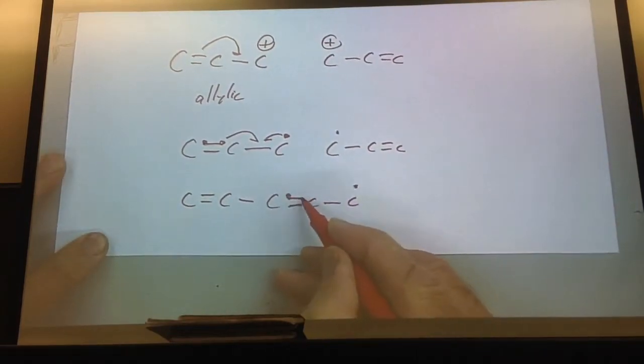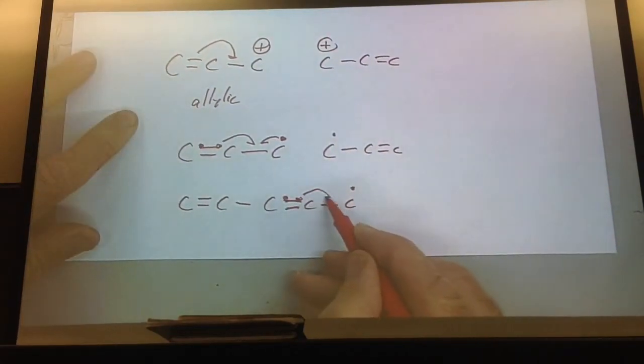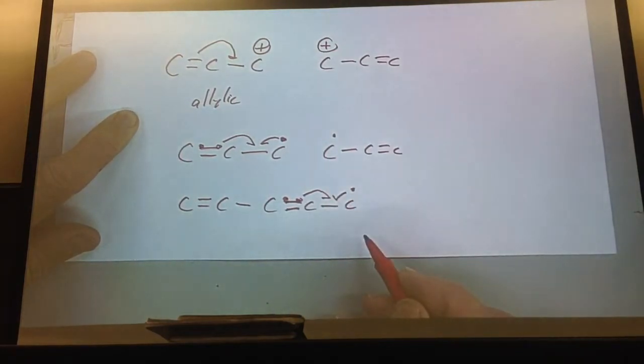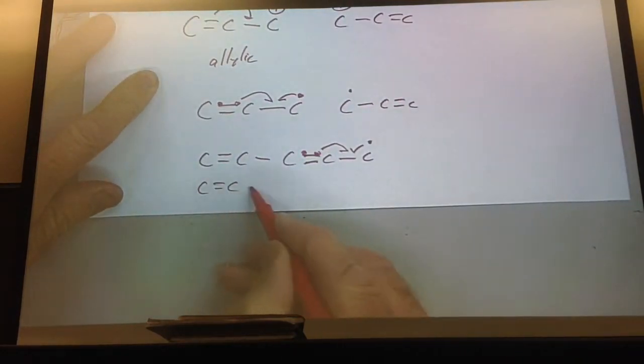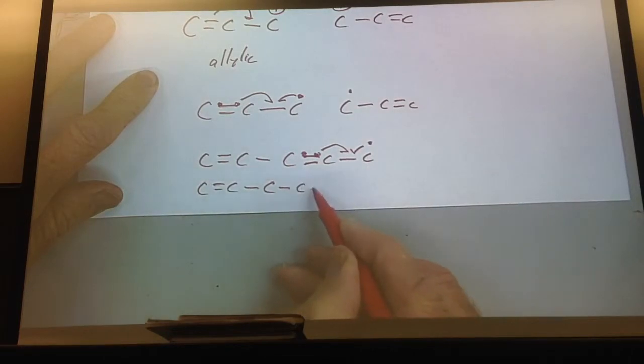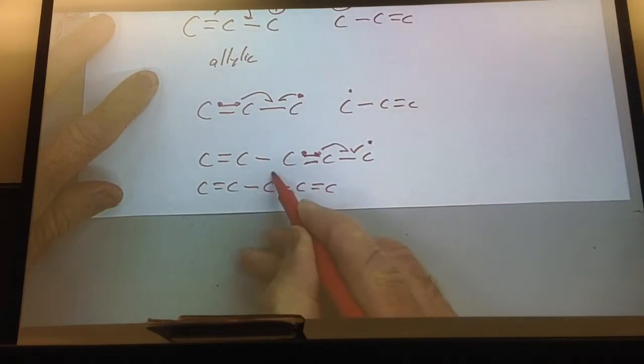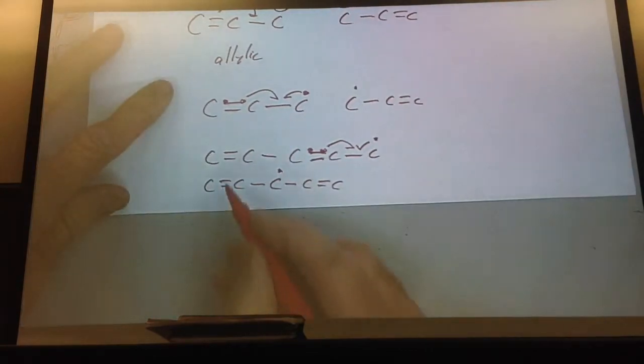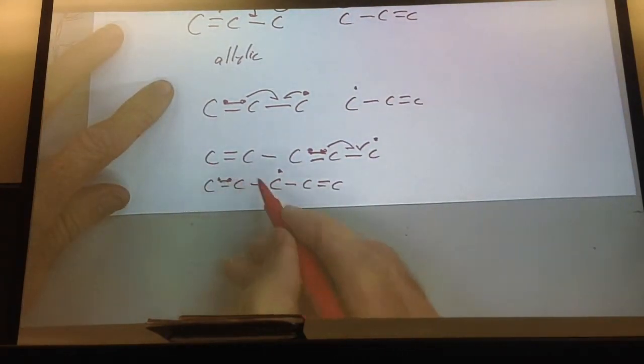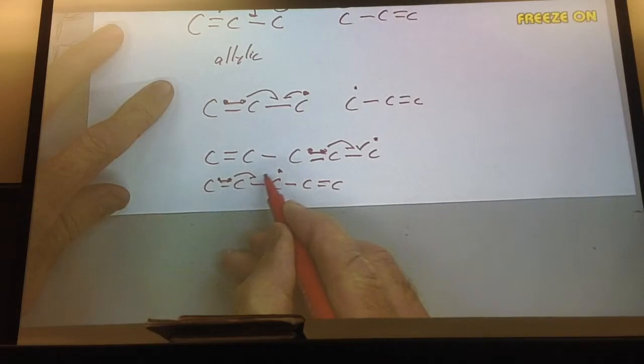You could do this picture, and then you can do another one, moving the radical in this curve here.